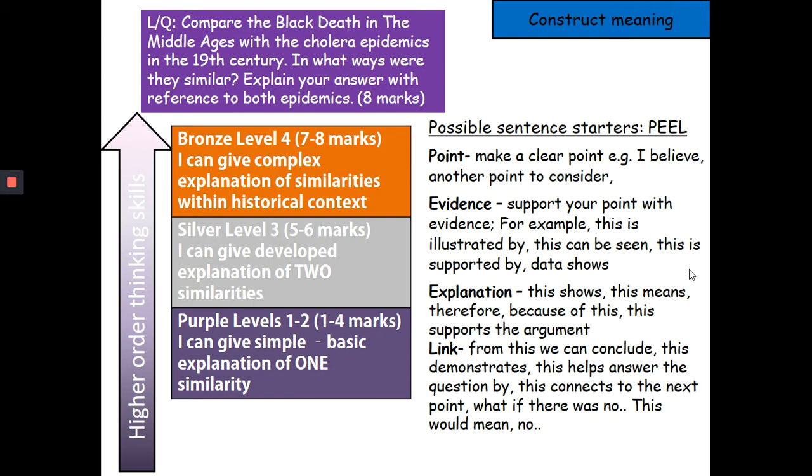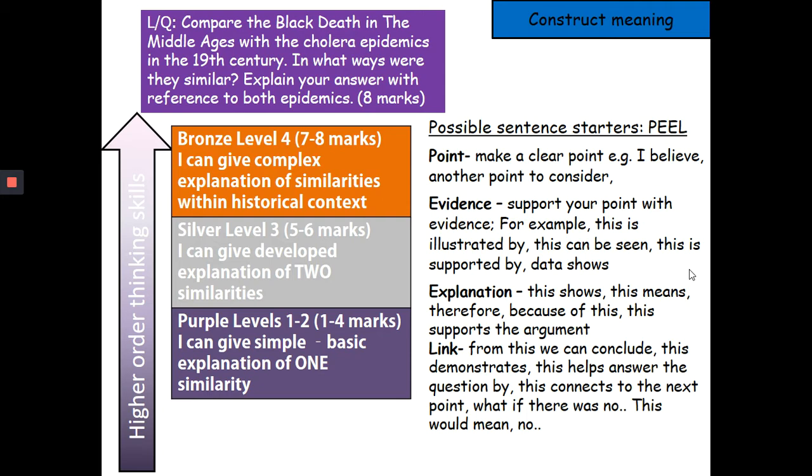For silver, level 3, to get 5 to 6 marks, you need to give a developed explanation of two similarities. And what we're aiming for is our bronze level 4, 7 to 8 marks, to give a complex explanation of the similarities within a historical context. So what's going on around these epidemics and making links.